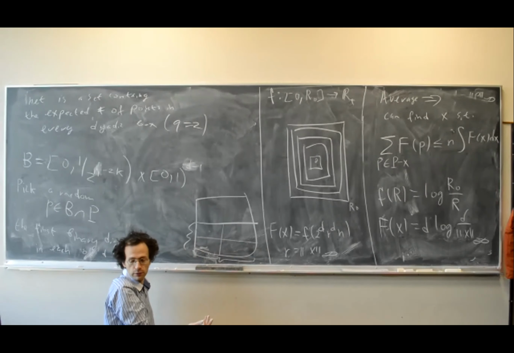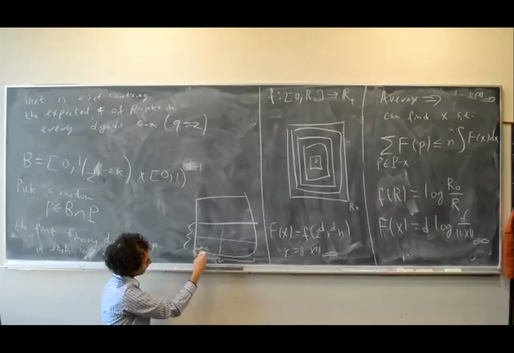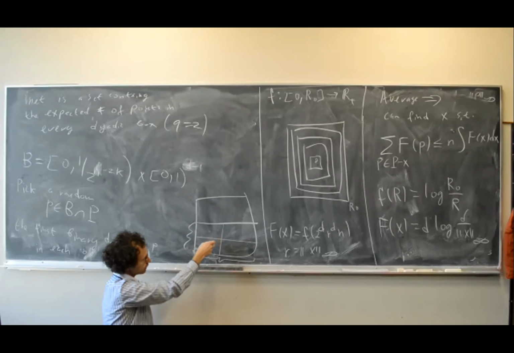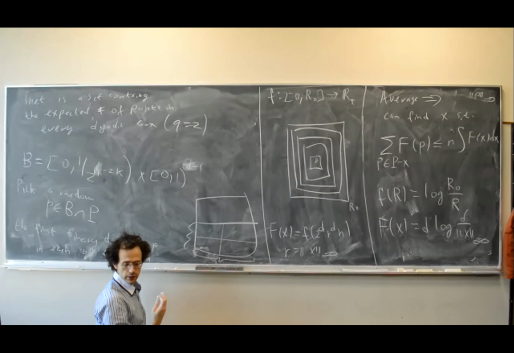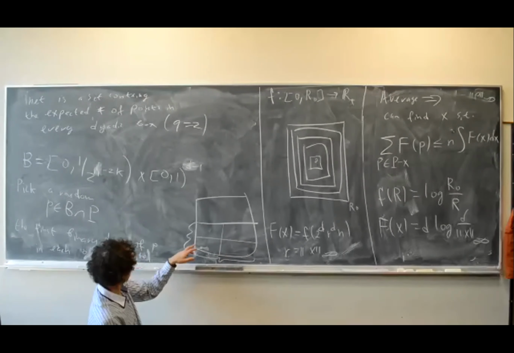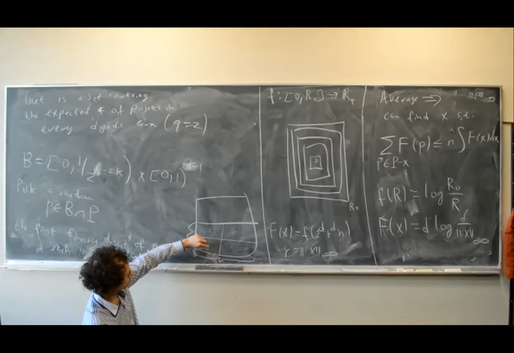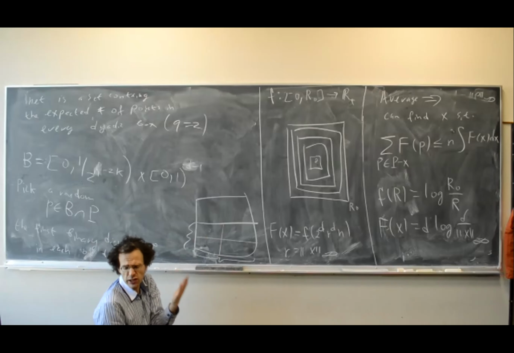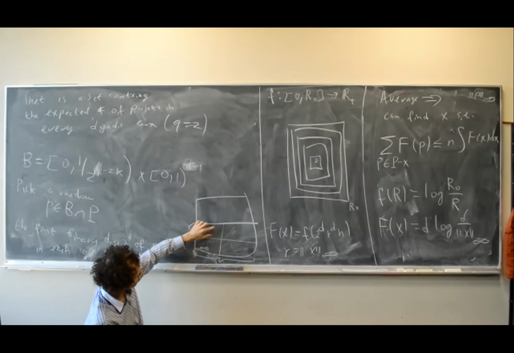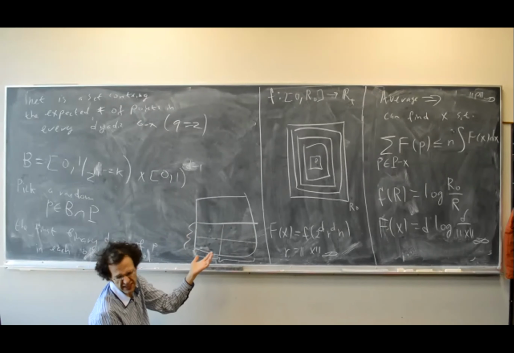I'm looking at all d of them. And if the number of points is about equal in each of the small boxes, each of the coordinates is going to be essentially an independent random variable. So the number of points in each of these boxes is basically the same.